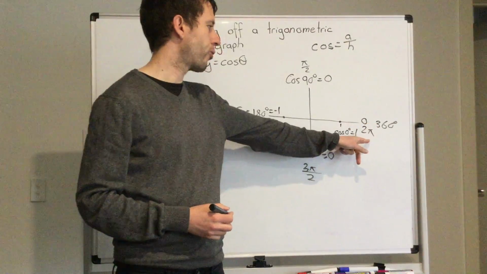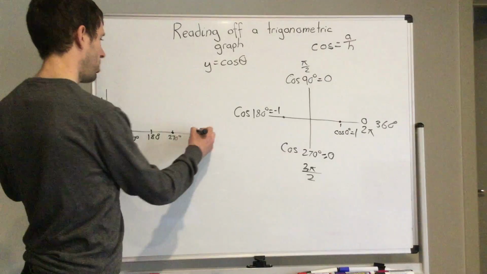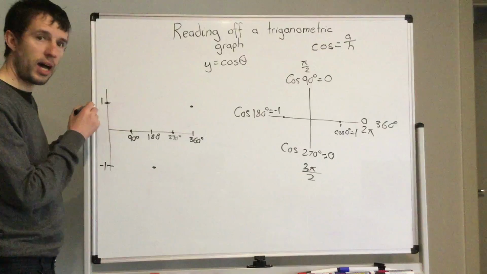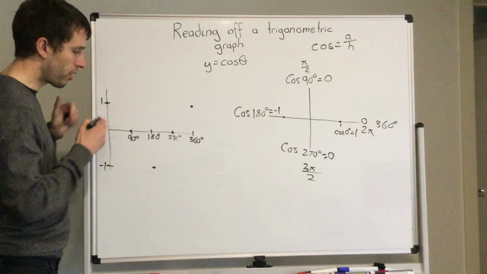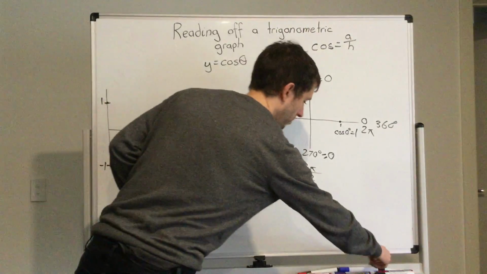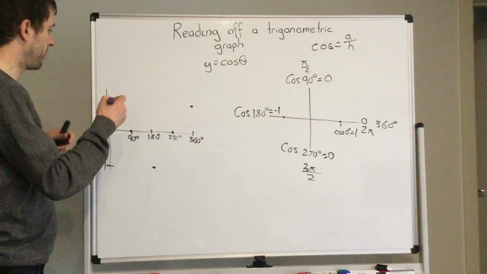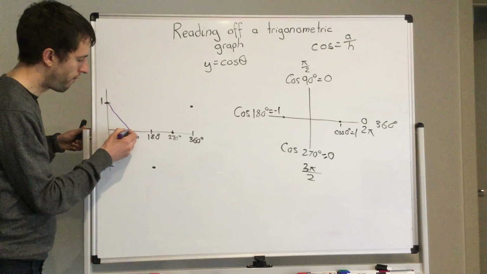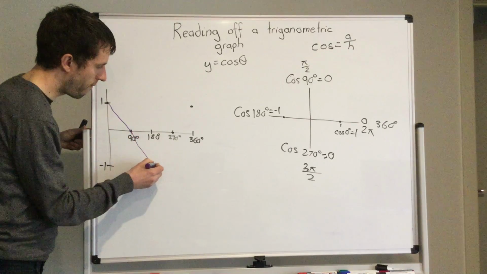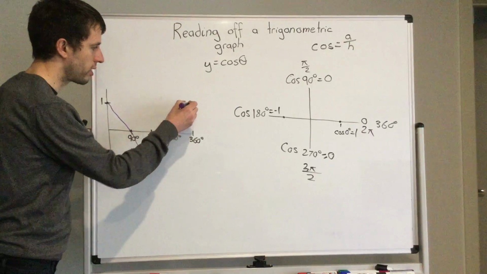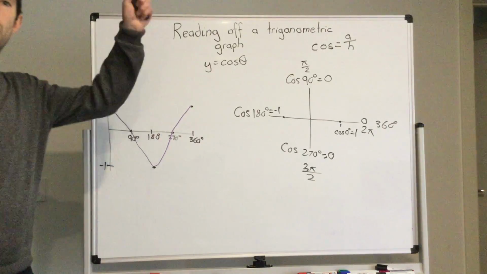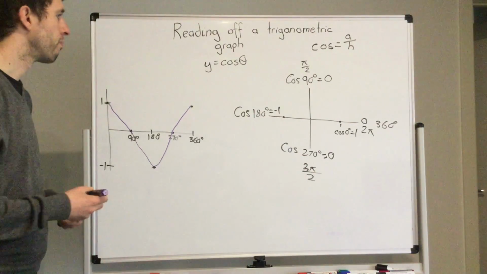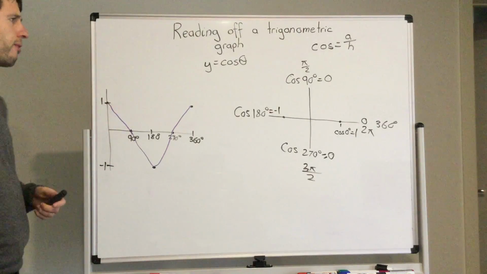And cosine 360 degrees, we are back to being at 1. And now for my graph, I might change my colour. Going straight down and matching to my points. And the circle keeps going around, so this is going to keep on going around in that cycle. So there's my graph.